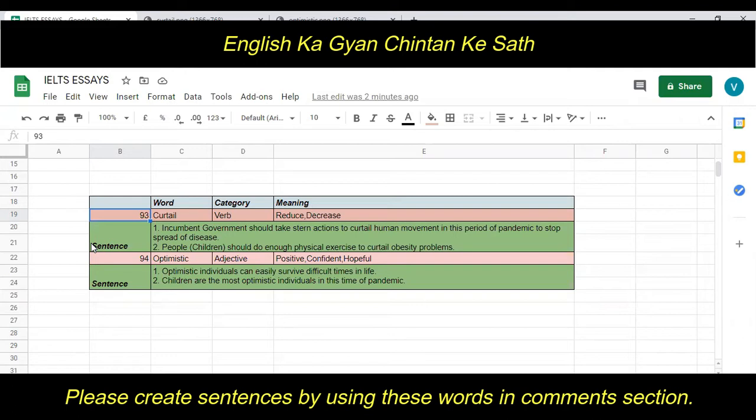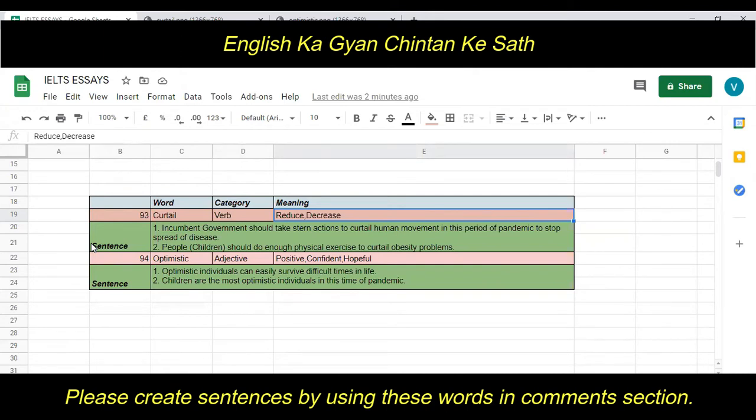The word number 93 is curtail. If I talk about the category of this particular word, it is a verb. And the meaning of this word is either reduce or decrease.